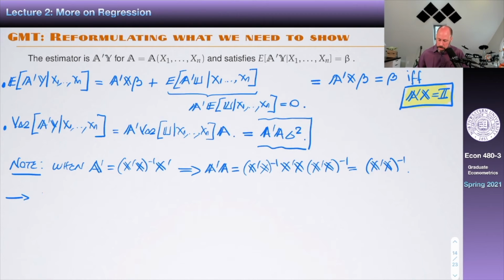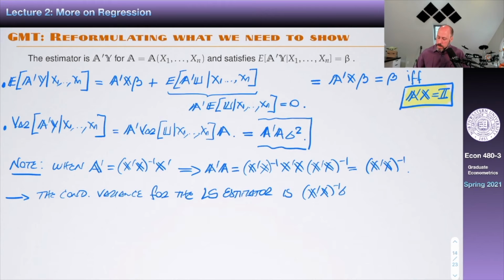So the conditional variance for the least squares estimator is x prime x inverse sigma square.